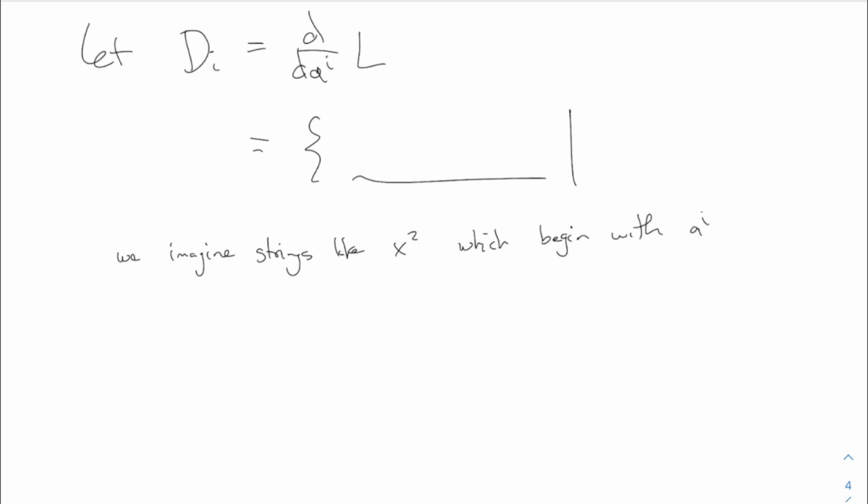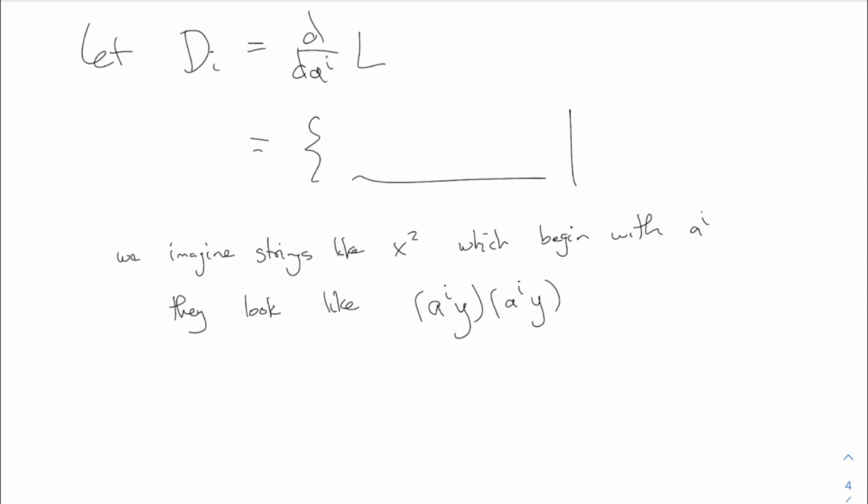These are the strings that we are concerned with when we are taking this derivative. So those strings look like they begin with a to the i, and then they have some other stuff. But since they used to be a square, you can say they must look like this, right? These are strings which are squares, where they also begin with a to the i. So strings of that format should look like that.